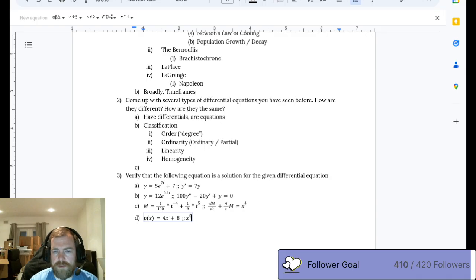And in fact, let's do proper differential notation on that. So we end up with d squared p over dx squared. Not quite square, but you know what I mean.